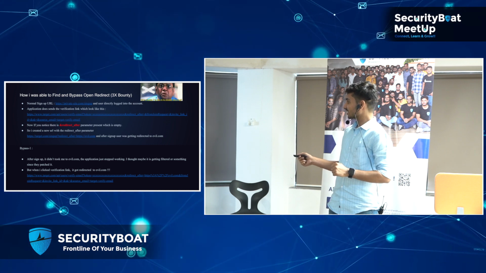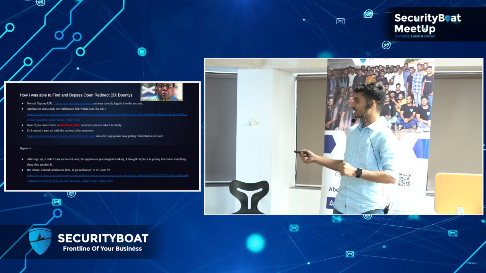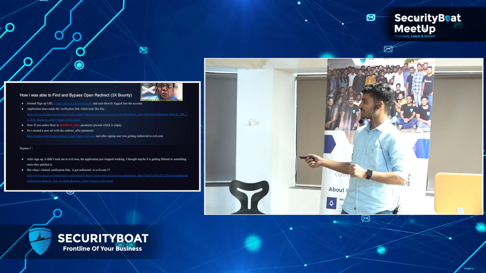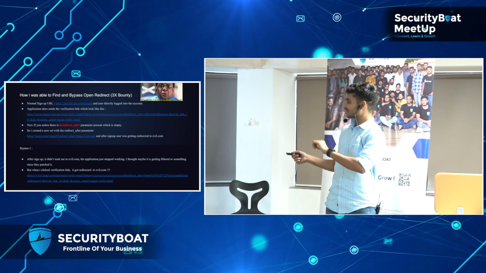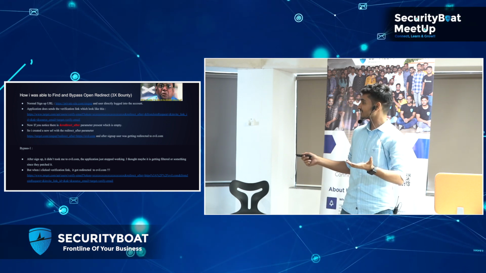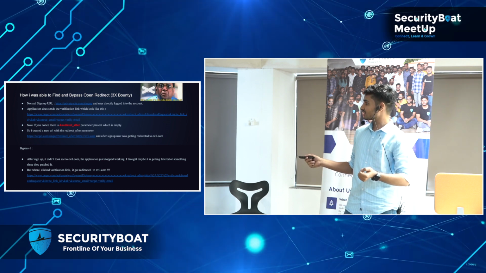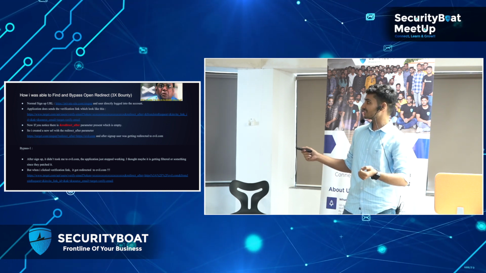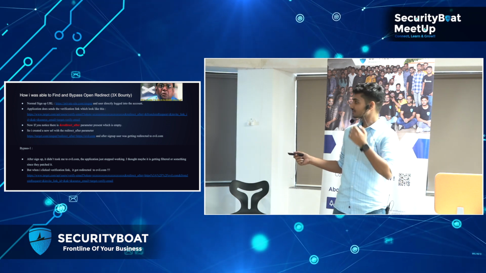If you look, the redirect after parameter has the same evil.com, and I was able to get redirected after clicking this verification link. And the third one was that they started using a new GraphQL request for registration, and I simply added this in the body parameter, and then again I was able to bypass it.